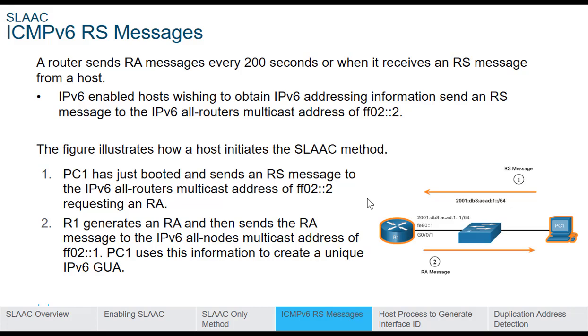The next concept we're looking at is router solicitation, and we also learned that host devices can query, ask, or solicit an IPv6 enabled router for RA messages.